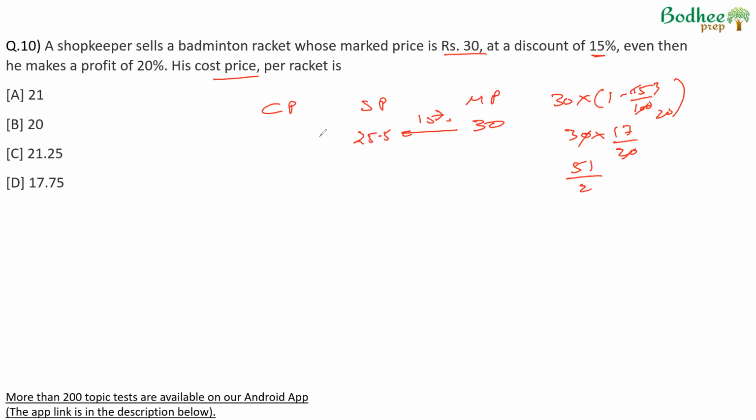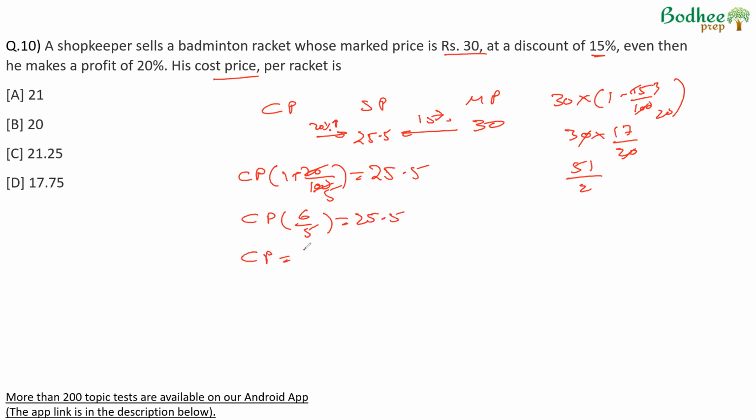On the cost price, it's a profit of 20%. So we can say cost price into 1 plus 20 upon 100 is equal to 25.5, the selling price. CP into 1 plus 1 by 5, which is 6 by 5, is equal to 25.5. CP is equal to 25.5 upon 6 into 5.